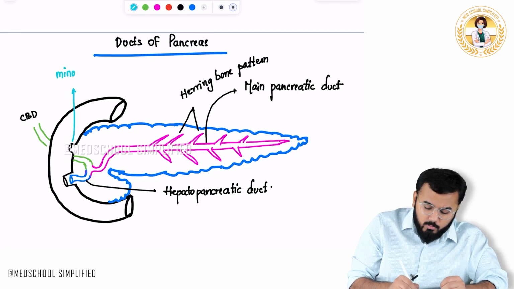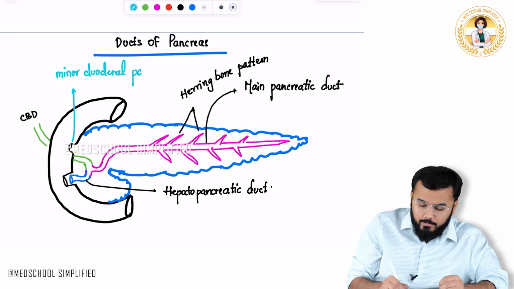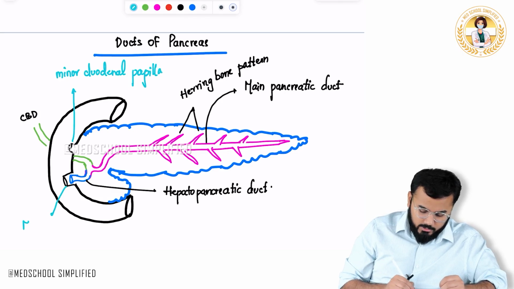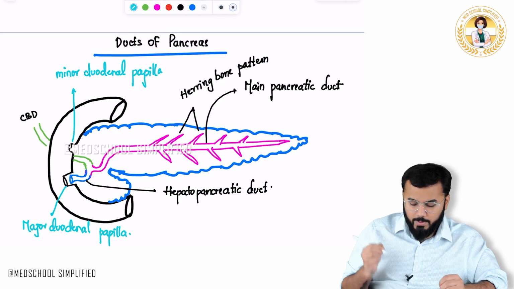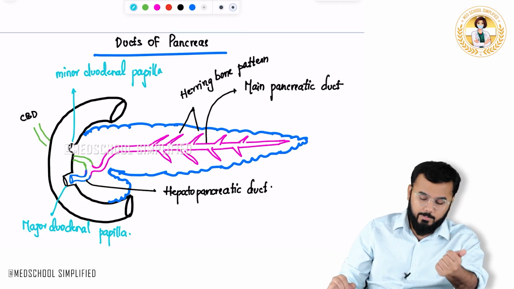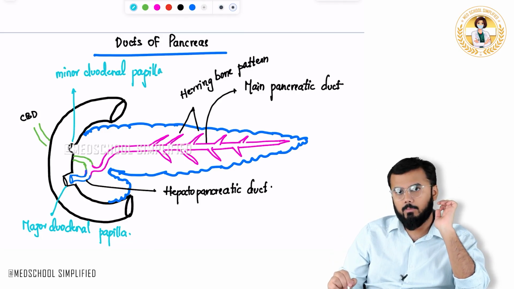This should be called the minor duodenal papilla, whereas this papilla over here is called the major duodenal papilla. So there are two papillae, one is called the minor duodenal papilla and the other is called the major duodenal papilla.